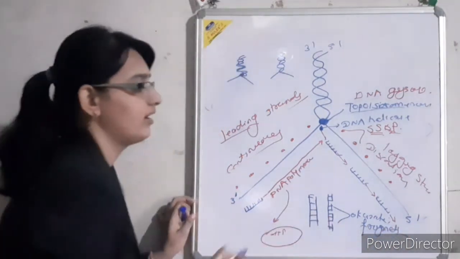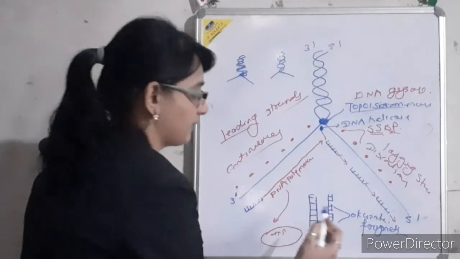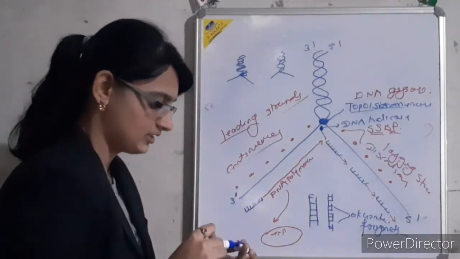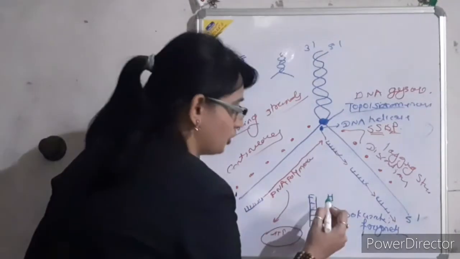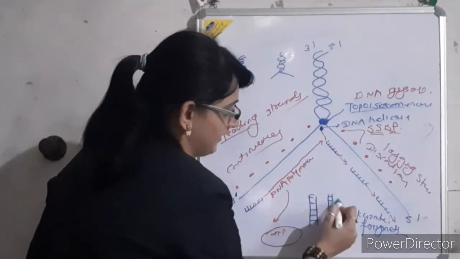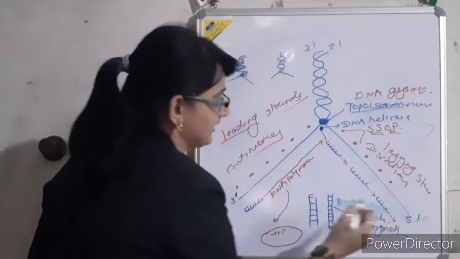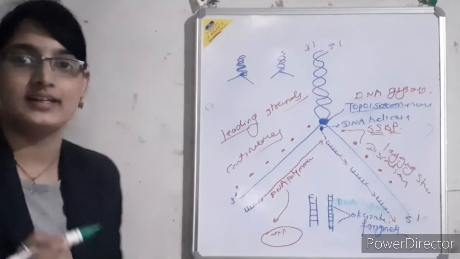These are called Okazaki fragments, and afterwards these fragments get joined by the enzyme DNA ligase, and this becomes a complete strand.